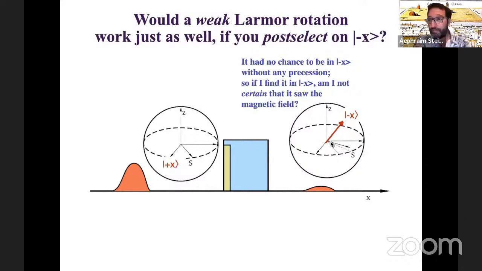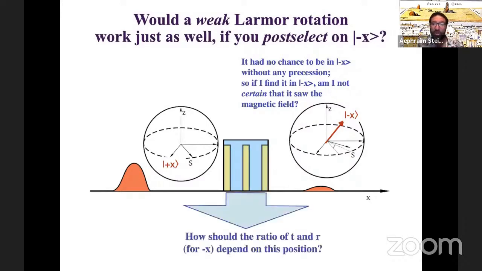So there was our conjecture. Have a weak magnetic field confined to the barrier, and then look only at the minus x spin component, and that should be equivalent to having determined with certainty that the particle was inside the barrier. Will that then enhance the transmission probability? By which I mean, is the transmission amplitude for the minus x going to prove to be equal to the reflection amplitude for the minus x?